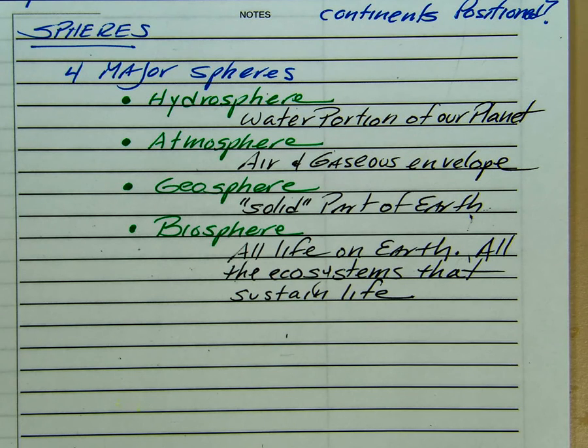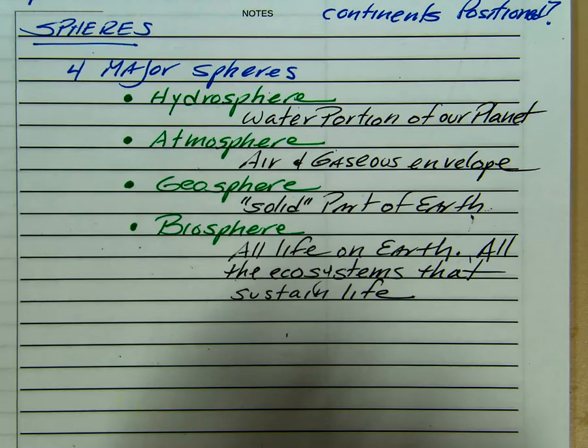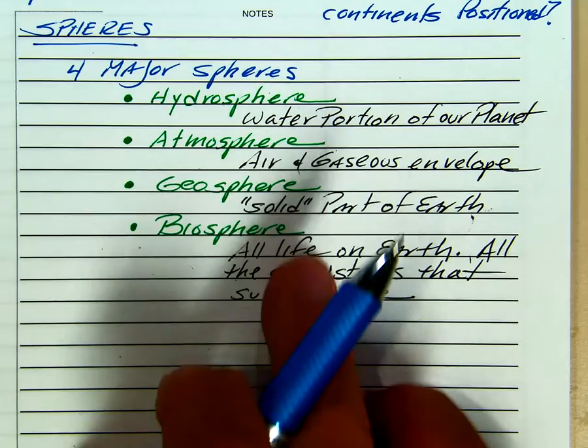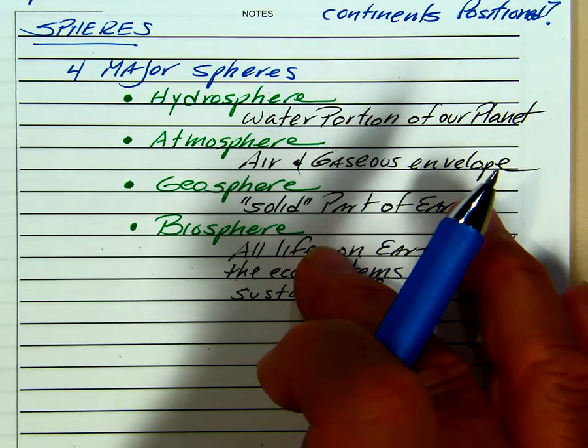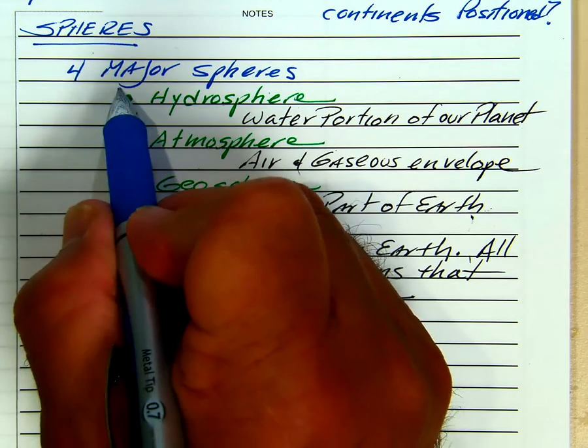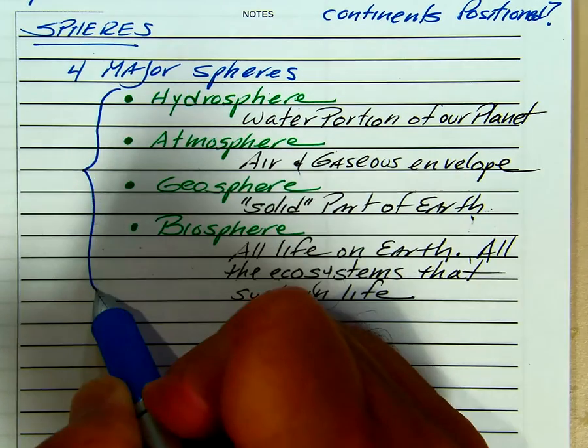Okay, key in all of this, of the major spheres as we describe our planet, is how the Earth is an integrated system. So this is an extremely important part that you need to understand. Once we describe the spheres, the water, the air, the solid earth, and the biosphere, all of them are integrated, and this is the concept that you need to grab.